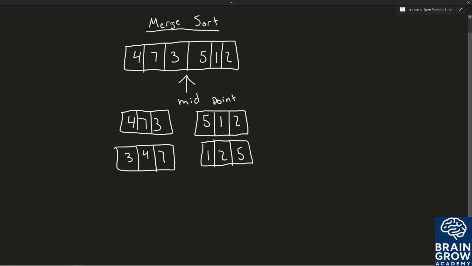And now that these have been sorted, we want to merge them back together: 1, 2, 3, 4, 5, 7. Now we have merged them back together, and we just executed merge sort.